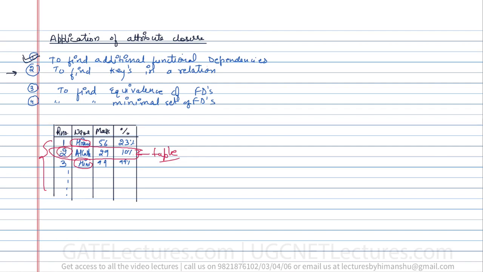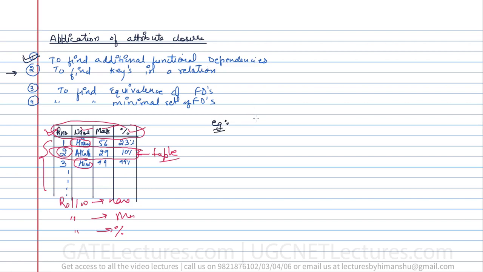That means the roll number should be able to determine name, the roll number should be able to determine marks, the roll number should be able to determine percentage. That means if there are 4 attributes in the relation, if I say roll number is a key, that means roll number should be able to determine all the other attributes uniquely, and obviously roll number can determine itself because that is trivial, right?